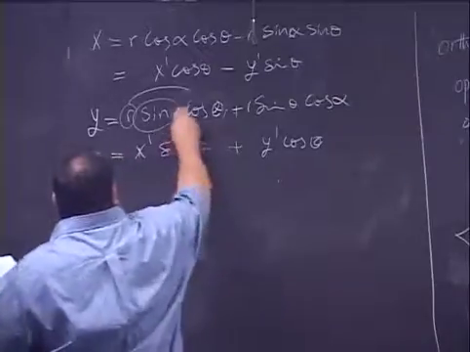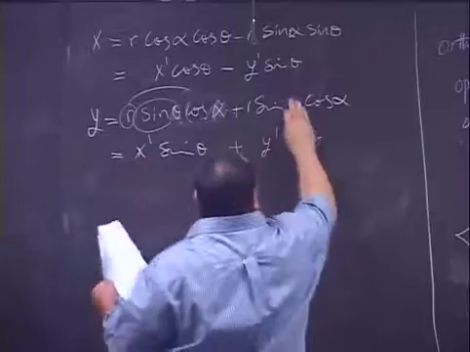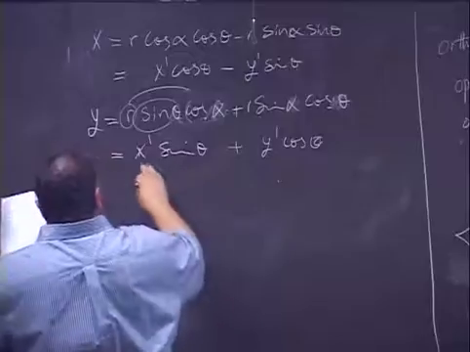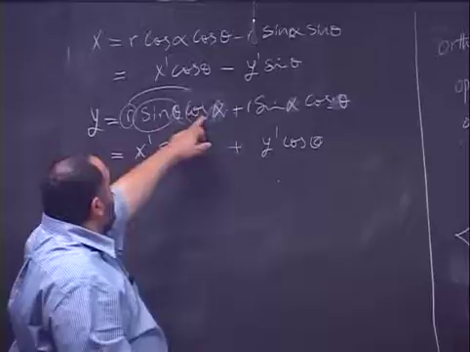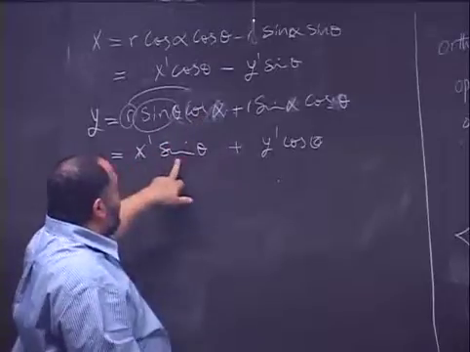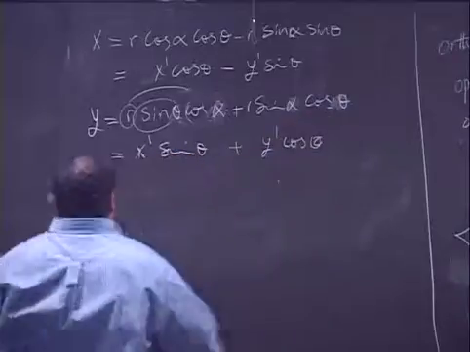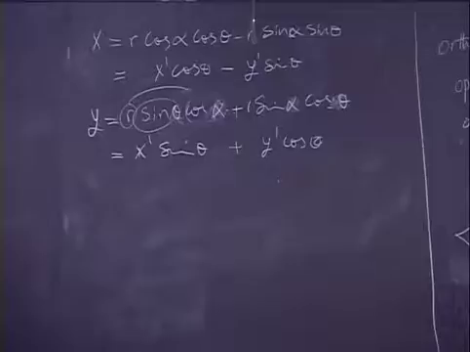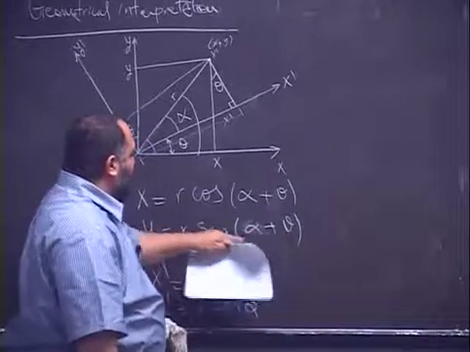Sorry, I made a mistake when I was decomposing this. This is sine theta cosine alpha, and this is sine alpha cosine theta. So r cosine alpha is x prime multiplied by sine theta, and r sine alpha is y prime multiplied by cosine theta. So this is alpha plus theta, and you say sine theta cosine alpha plus sine alpha cosine theta. It's the same thing, whatever you start with.